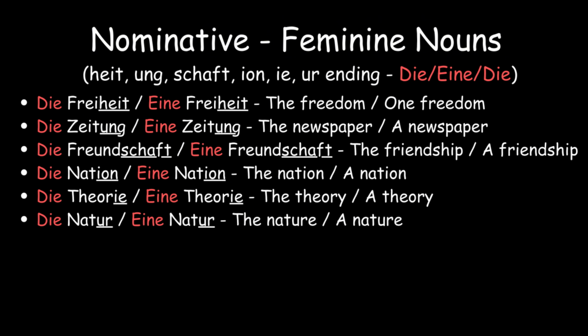Here, we have feminine nouns ending in -heit, -ung, -schaft, -ion, -ie, -ur. Die Freiheit, eine Freiheit. Die Zeitung, eine Zeitung. Die Freundschaft, eine Freundschaft. Die Nation, eine Nation. Die Theorie, eine Theorie.